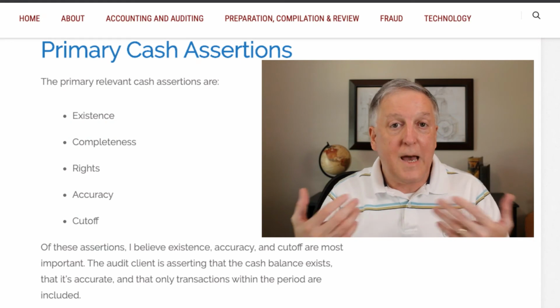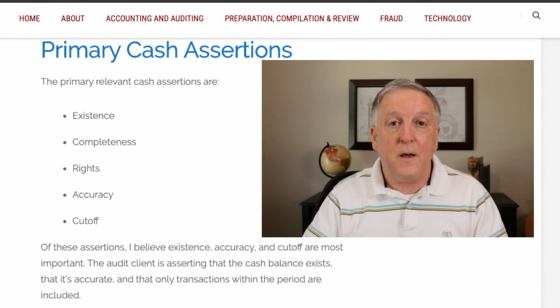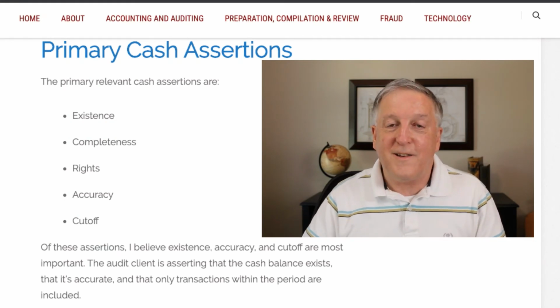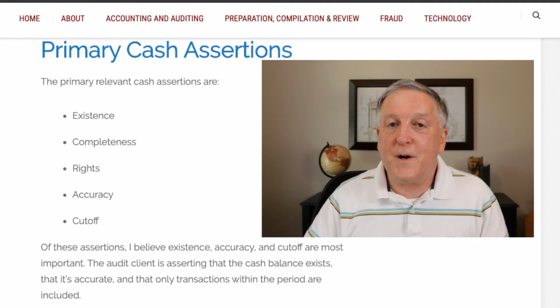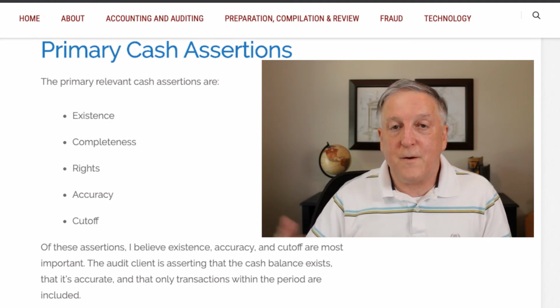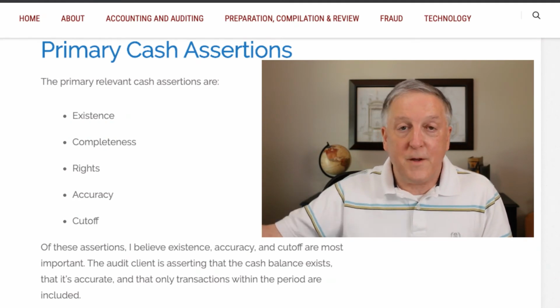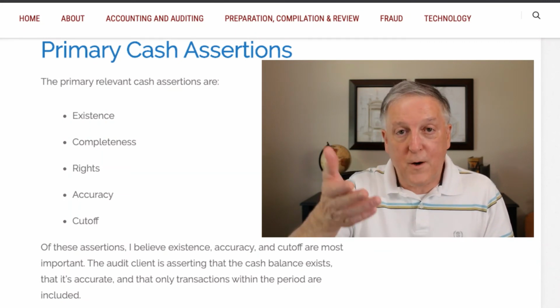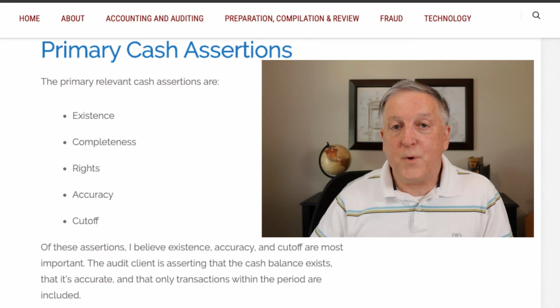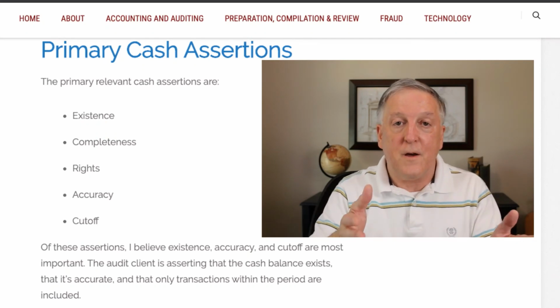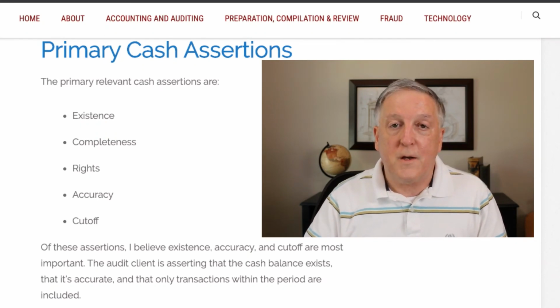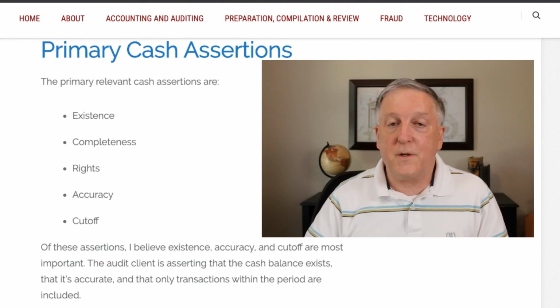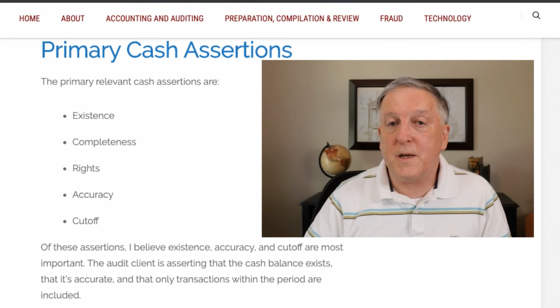And so cash was not complete. So sometimes you'll have clients that desire to steal money, and they do steal money, and the way they hide it from the auditor is they don't put the cash account on the general ledger. So in that type of situation, completeness can become a relevant assertion.